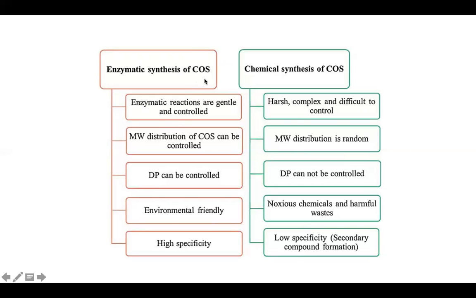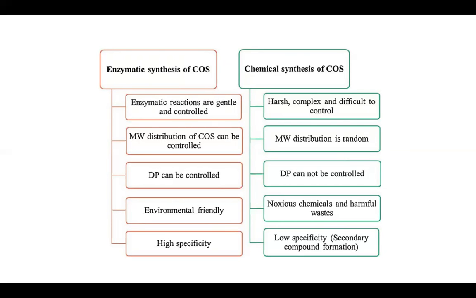This means chito-oligosaccharide. There are mainly two ways. You can use enzymes, or you can use chemical synthesis. All right. But then, if you compare these two methods, enzyme reactions are gentle and controlled. Enzyme is a protein, so it works at the temperature of living organisms, like bacteria at room temperature.